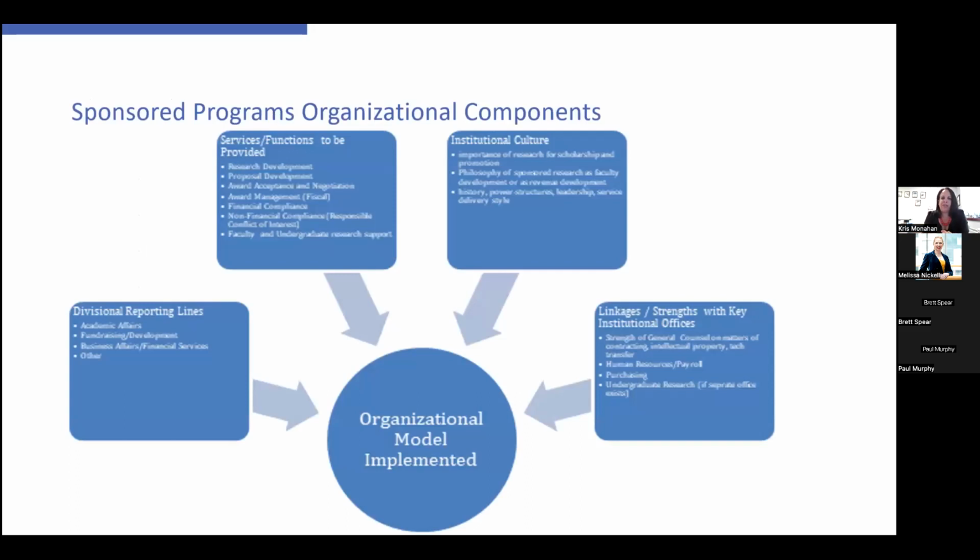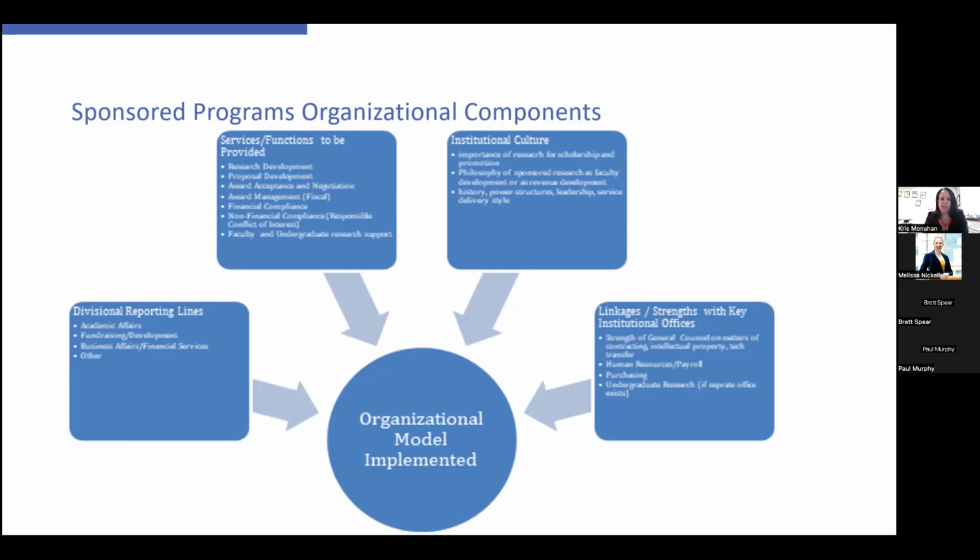There's lots of components. This is referencing back to the initial slide that we looked at, that feed into determining the organizational model that you're going to implement or you might decide to rework. And I'm going to show you an example of a school that reworked their organizational chart recently because some of their needs had changed. It's like anything else.